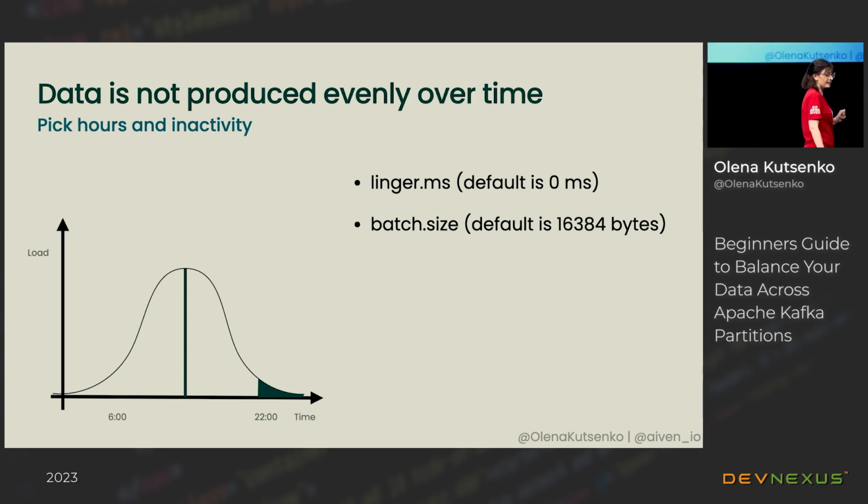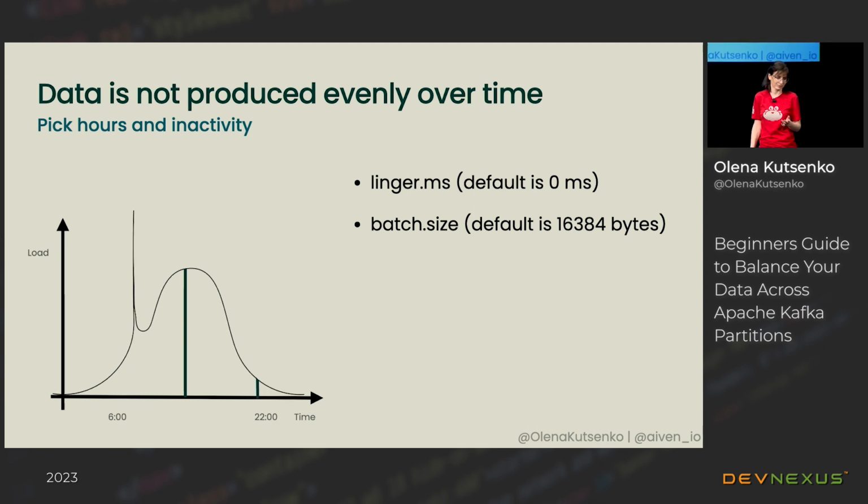We have an unexpected data load. For example, our producer restarts and sends a bunch of messages into the system. And this will result in a lot of data going into a single partition, because it's less than the batch size and it all fits.